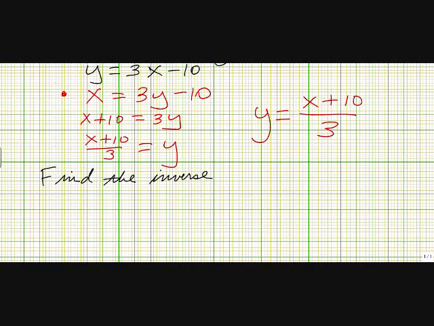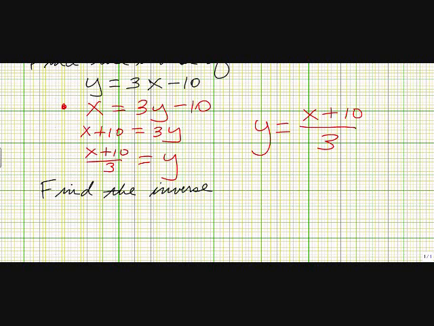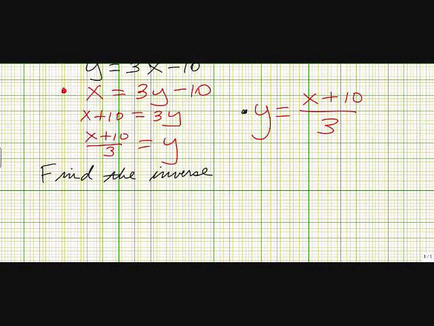But the first time we rewrite the inverse, if we're writing from y equals, it'll become x equals, because we're exchanging the x for the y. This is the inverse, it's just not in function notation. So we usually take it to the step of solving all the way for y. Exchange the x and y and then solve for the y.